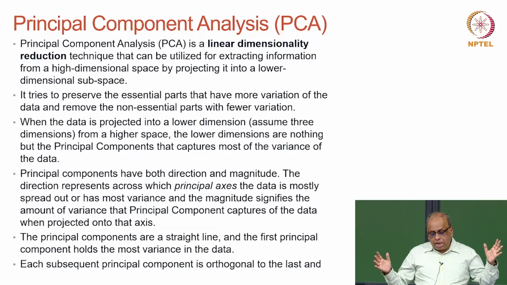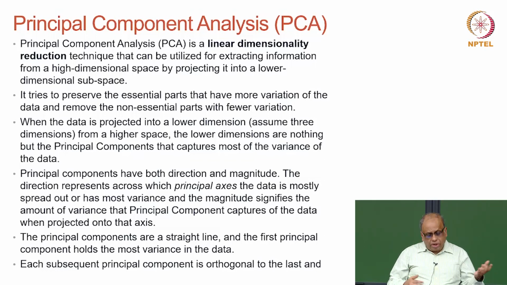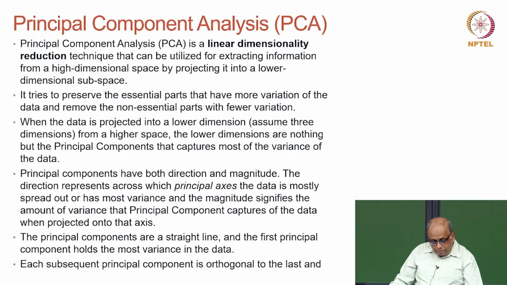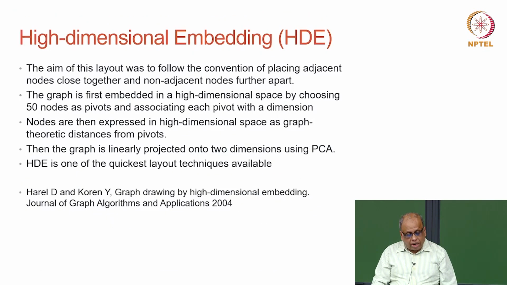If you have huge dimension data and want to move to a lower dimension, you want the principal components that capture most of the variance of the data. I will show an example of that when we talk about the tools. Okay, and PCA has been used for graph layout.